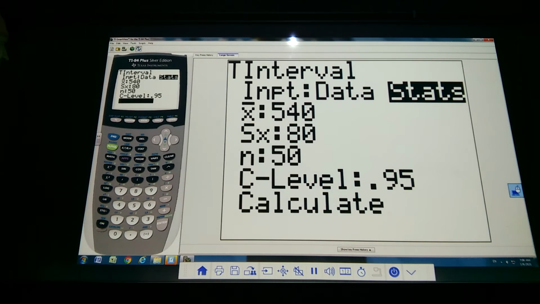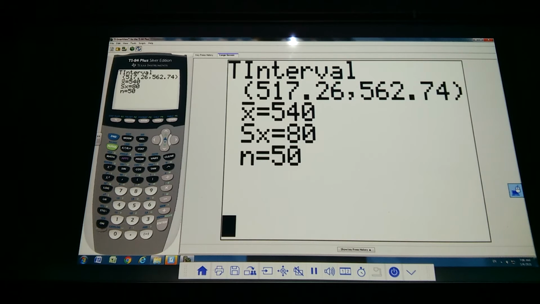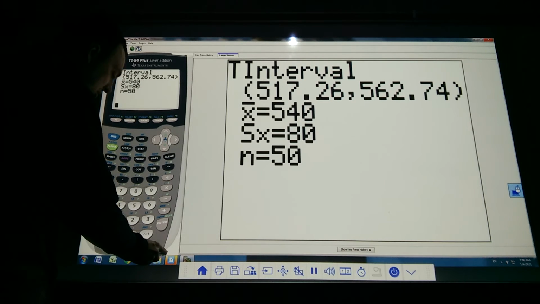Step 3 is, can I use my calculator correctly? Hit calculate. And we write these numbers down. 517.26.